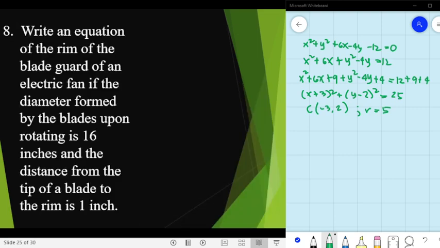We have the last example. We are going to write an equation of the rim of the blade guard of an electric fan if the diameter formed by the blades upon rotating is 16 inches and the distance from the tip of the blade to the rim is 1 inch.